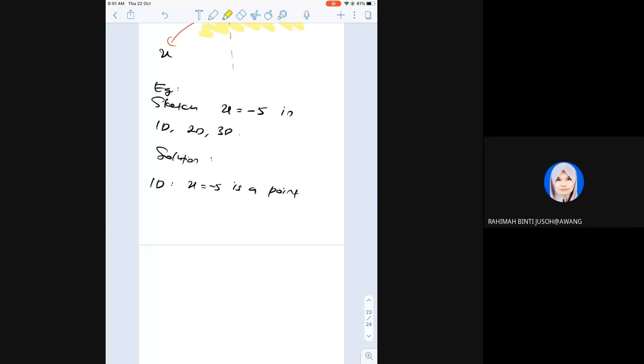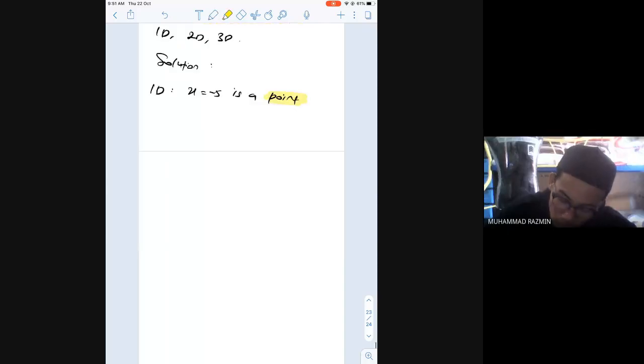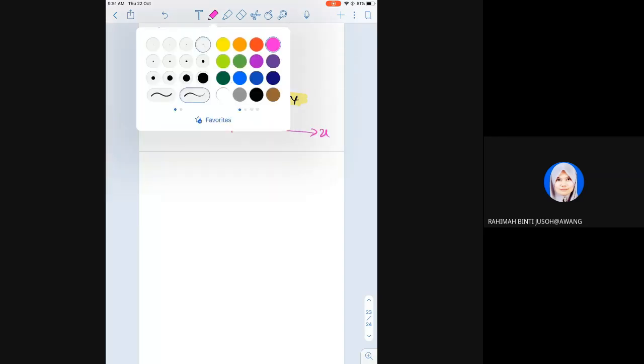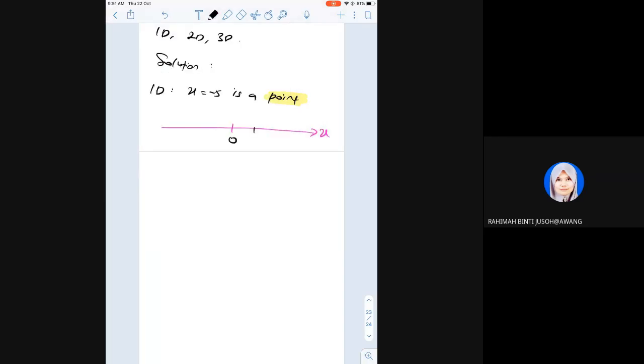A point only. Okay. Kalau kita plot titik tu pada paksi kita, let's say here is X axis lah, of course. So we have 0, and then positive 1, 2, and so on. And then here -1, -2, -3, -4, -5.